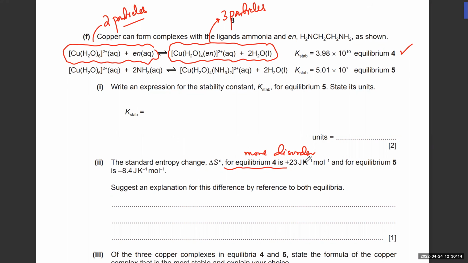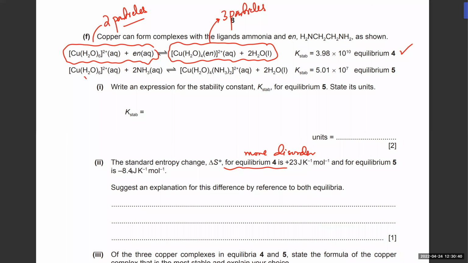What's the next part, the explanation. The second one, equilibrium 5. Yeah, equilibrium 5 क्यों कम है? In this case, you have 3 particles here and you have 3 particles over here. So I think the question was more about the relative comparison. Minus 8.4 is almost 0, or close to 0.